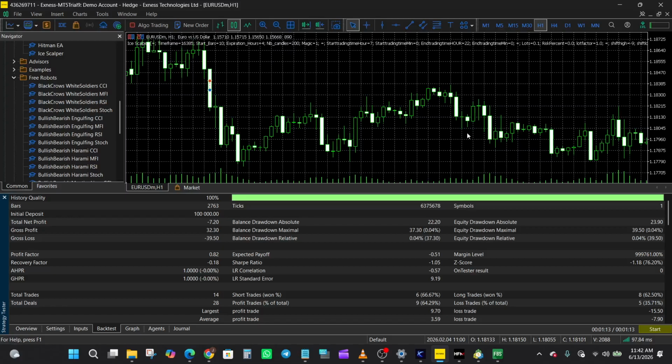So since the EA is available for free, traders actually have the opportunity to perform their own testing and optimization before deciding whether it fits their trading objectives and risk tolerance. After backtesting the expert advisor using the strategy tester, because it's a free download, traders can further forward test it on a demo account to see how the EA actually works. All right, before considering it for any live usage.